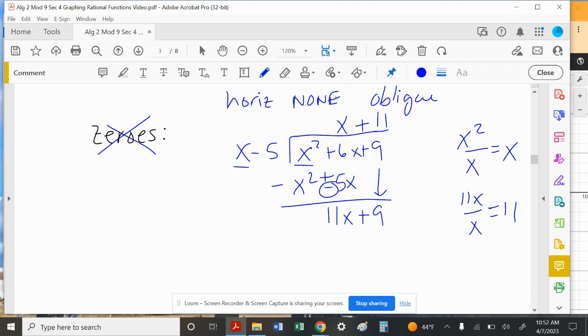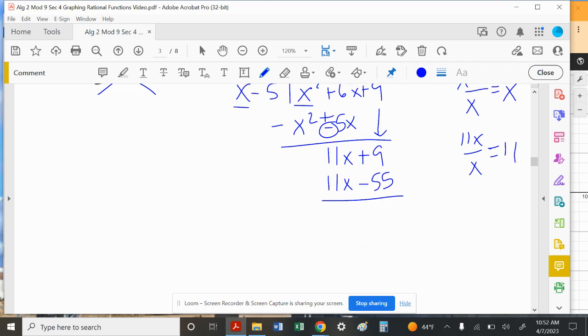I do 11 times x, which is 11x, and multiply it by both of these, and then minus 55. When I do that, this goes to 0, and my number here becomes negative 46. I think that's right. So negative 46.